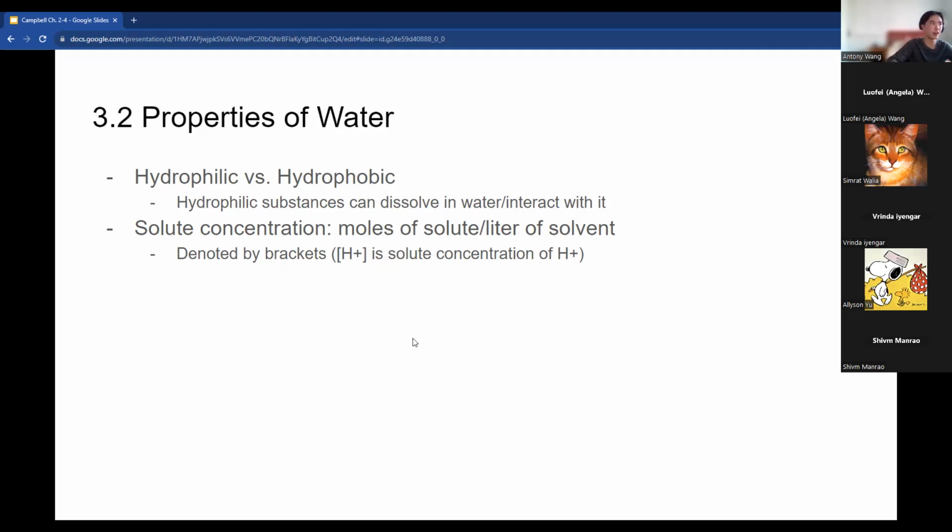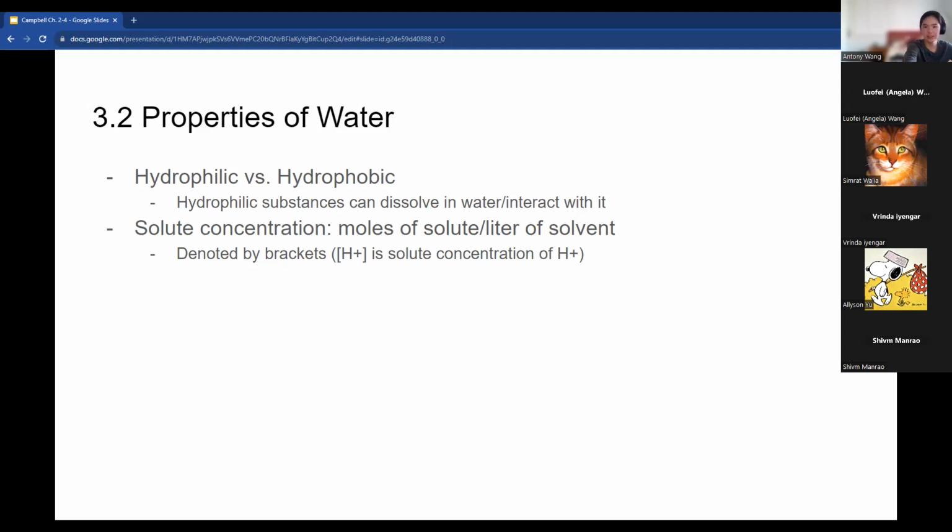That means the hydrophobic substances won't have a shell of water around them. They won't dissolve.